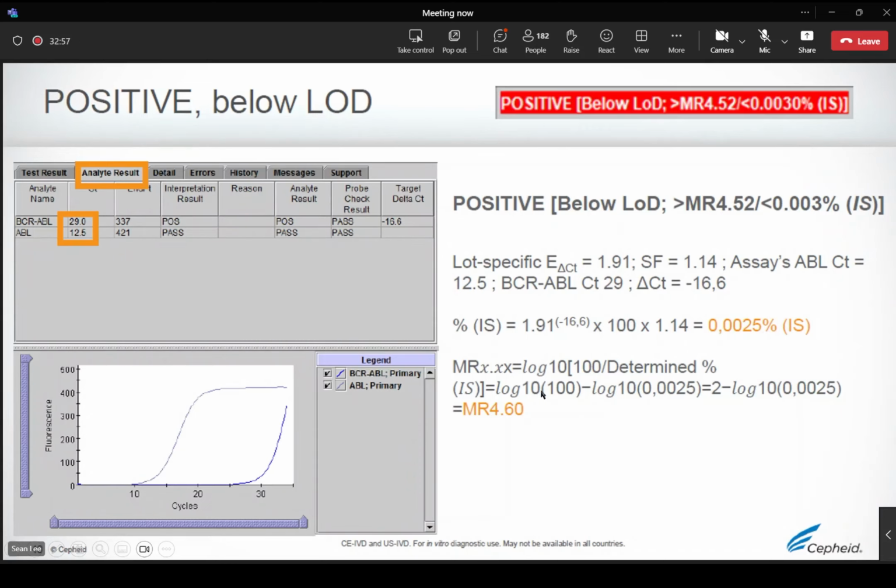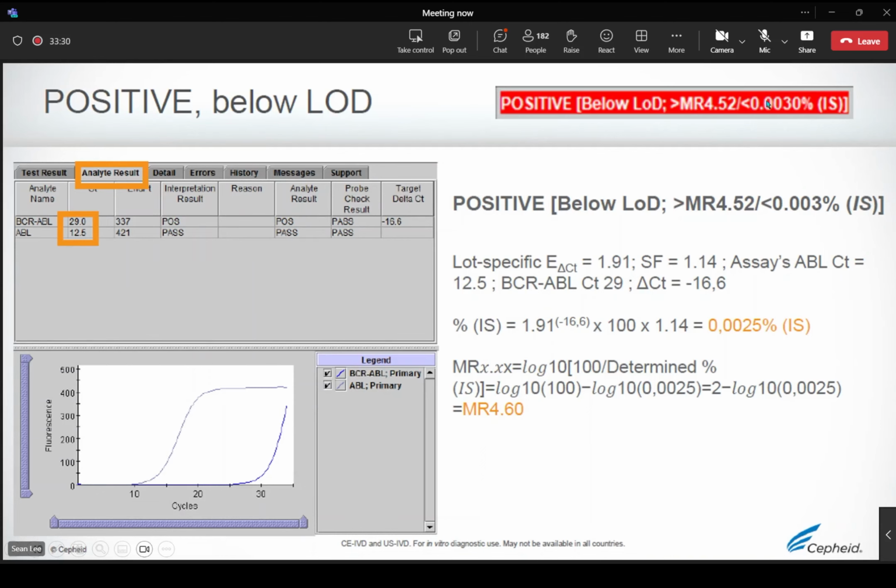The reason is that the confidence interval for this is 95% up to 0.003%. That's why they set this as the limit of quantitation. So for any value below this, the machine cannot accurately give you the result. That is the reason.